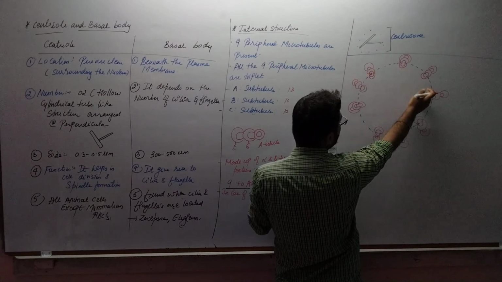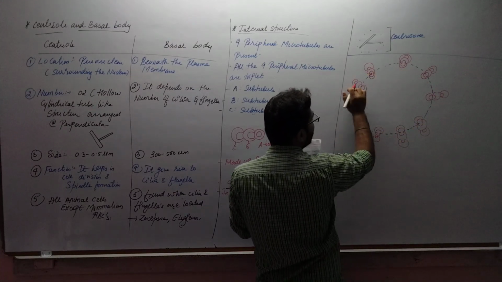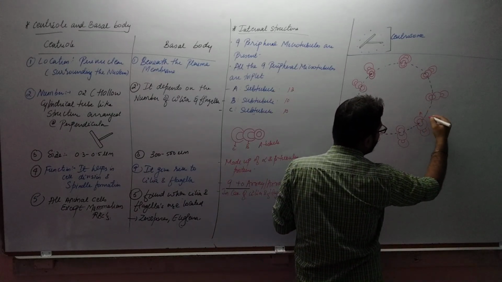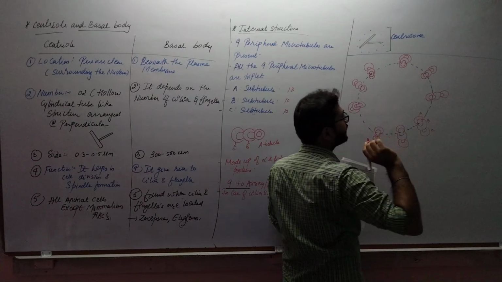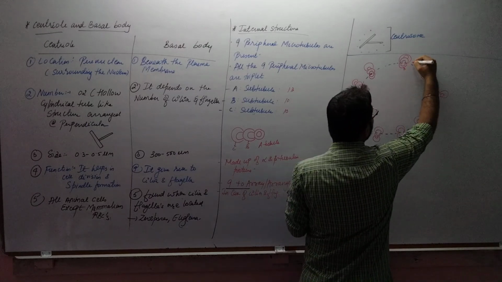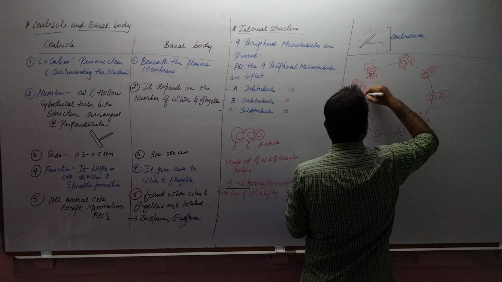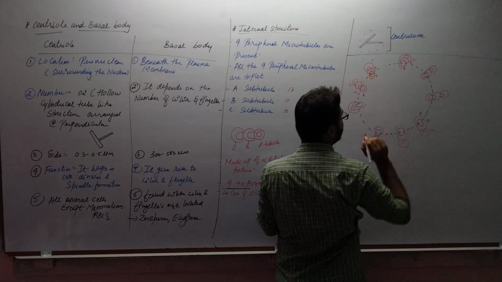So 1, 2, 3, 4, 5, 6, 7, 8, 9. Labeling: this is A, this is B, this is C, right? Let us label a few more: A, B, C, A, B, C, A, B, C, like that.